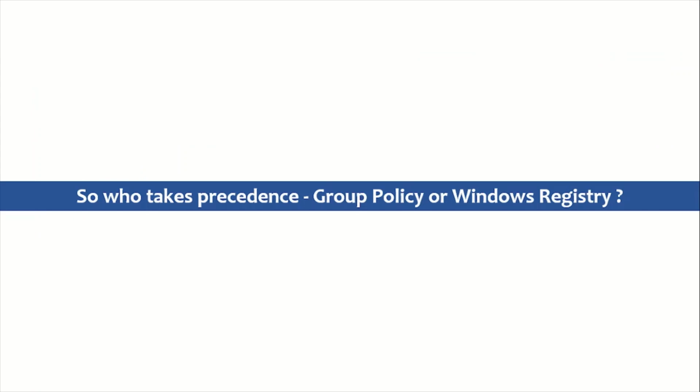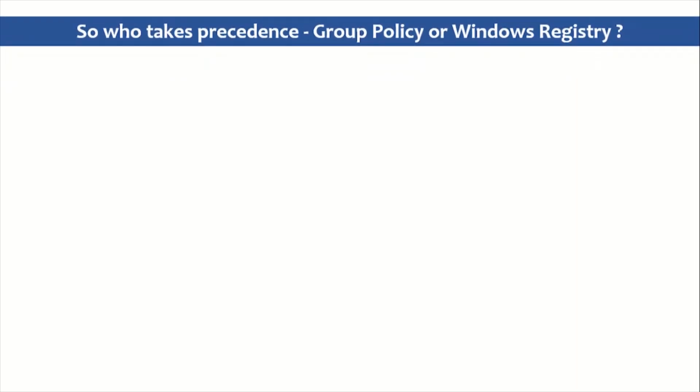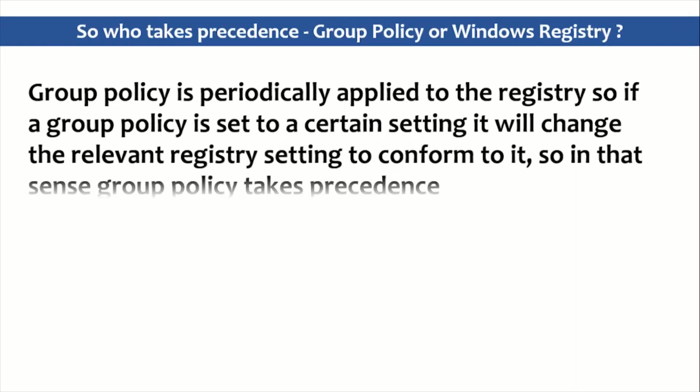Again, one question came into my mind: who takes the precedence, group policy or Windows registry? Group policy is periodically applied to the registry. If a group policy is set to a certain setting, it will change the relevant registry settings to conform to it.